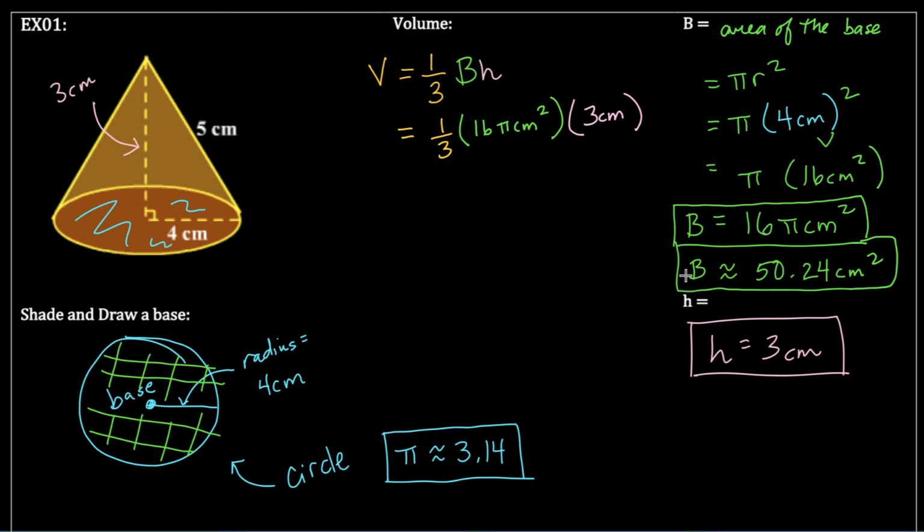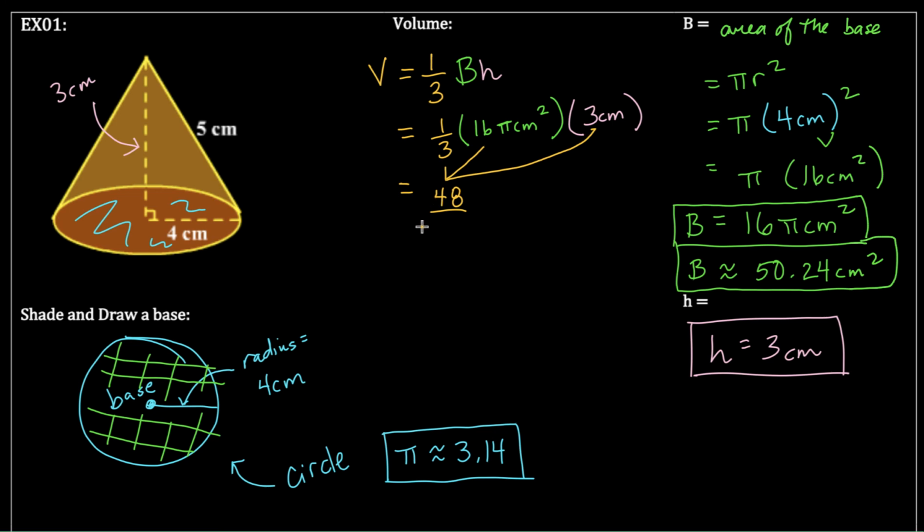What I would do is multiply the 1/3, the 16, and the 3, and leave the pi for later. 16 times 3 is 48. And to get 1/3, you would divide by 3. So we'll put 48 divided by 3, and then pi centimeters to the third, because centimeters squared times centimeters is centimeters cubed.